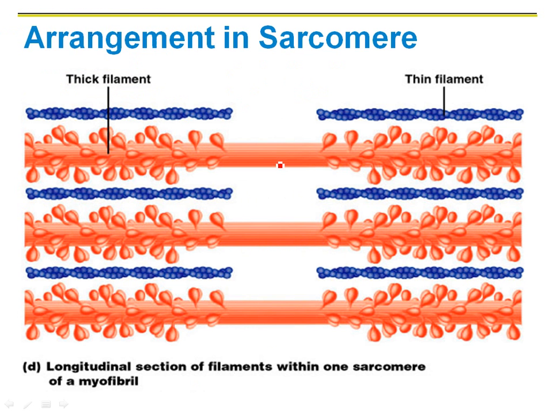Okay. So when these things are overlapped on each other, you can see here's the thick filament made of myosin. Myosin has tails and heads, and each of these heads wants to bind to that actin right there.